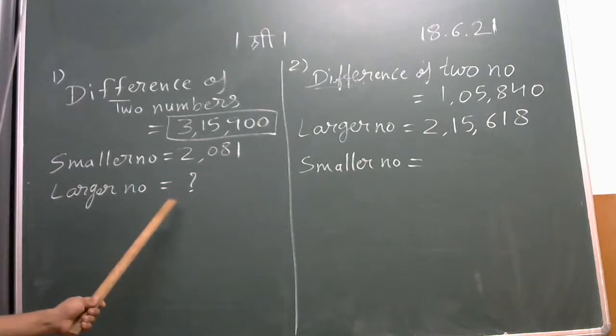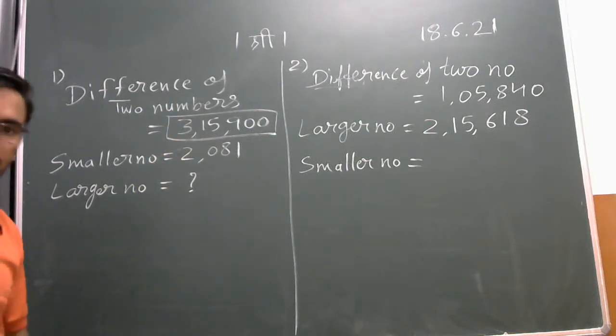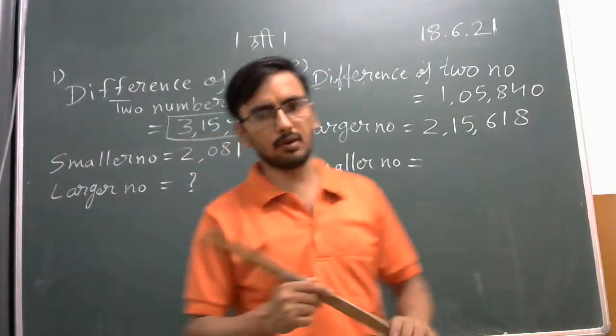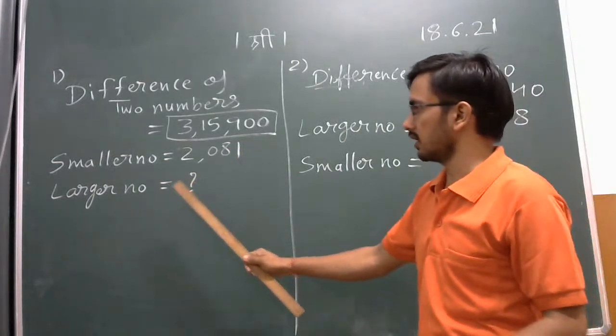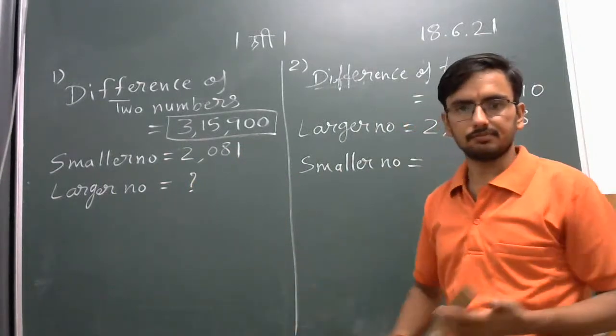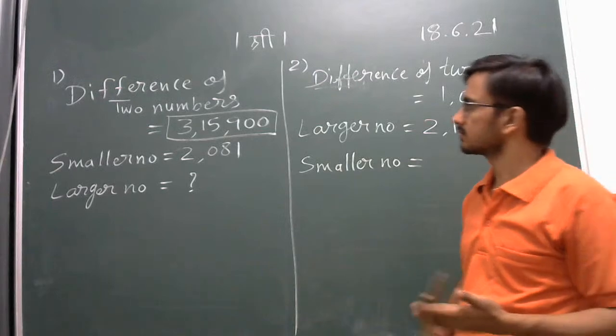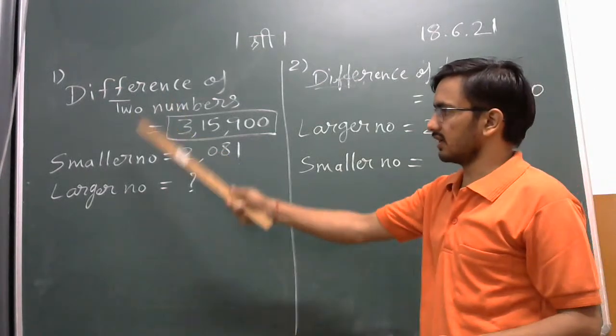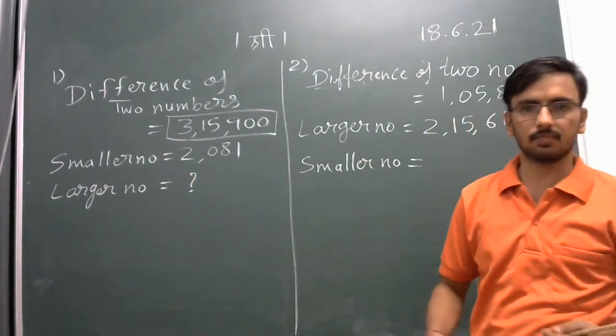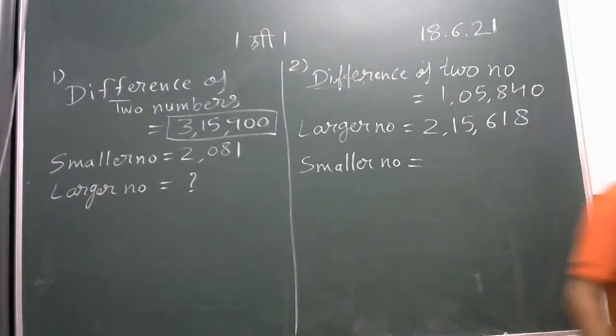So first of all, all of you try to comment how I may find the larger number here. यहाँ पर मैं larger number, how we can find it? Difference is given, smaller number is given. Addition, yes.